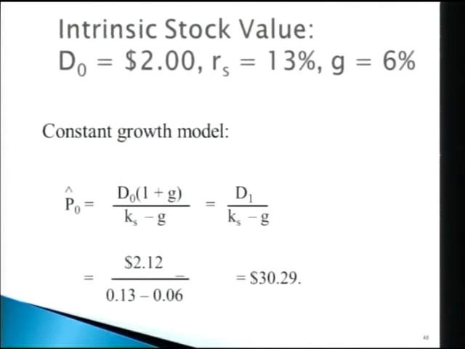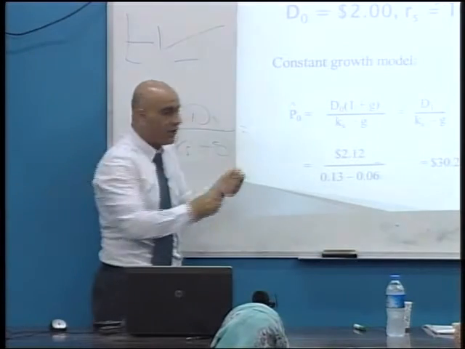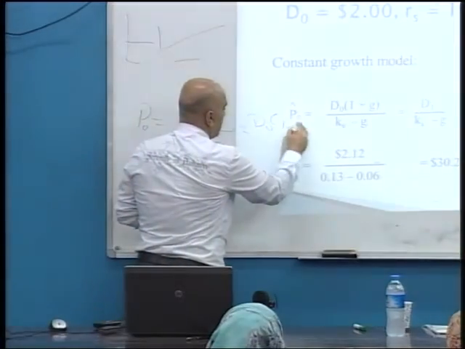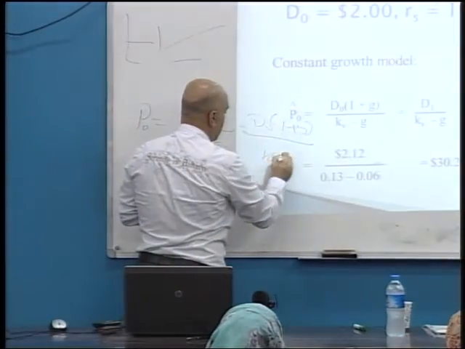If D0 is $2 and the Ks or Rs is the same, 13%, and G is 6%. Now, what is the price or the intrinsic value? The price is equal to D1 divided by Ks minus G. D1 is D0 times 1 plus G, divided by Ks minus G.